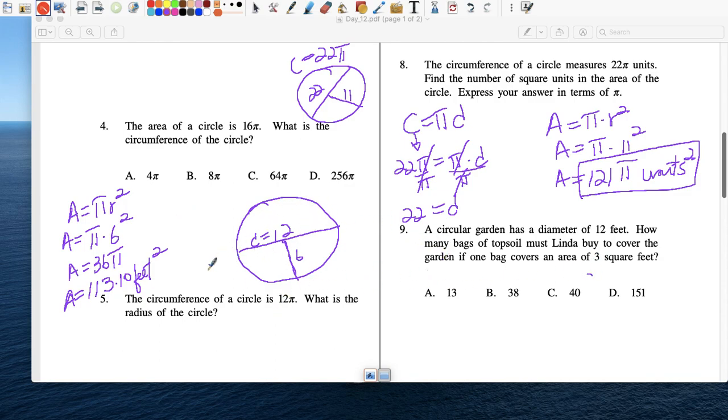Now, one bag, let me write this down, covers 3 square feet. And if I have 113.10 square feet, how many bags do I need? That's what I'm looking for.